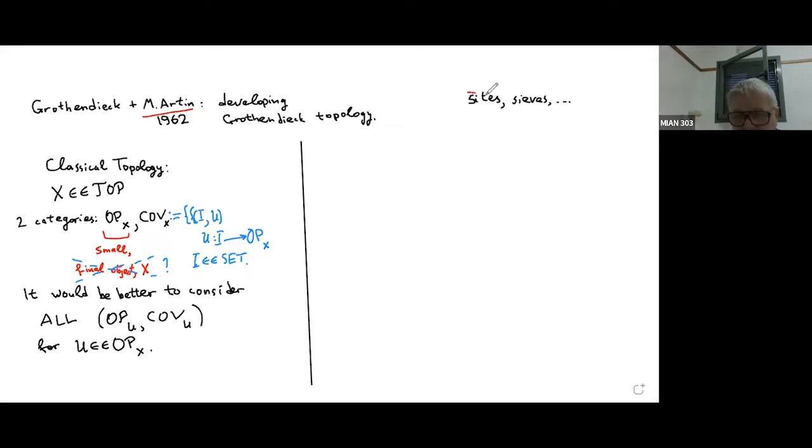I'm saying this now because as soon as we turn to the original lectures by Michael Artin, we'll find out that the definitions are much simpler if we just ignore the set theoretical issues. This is what I'm going to do now.